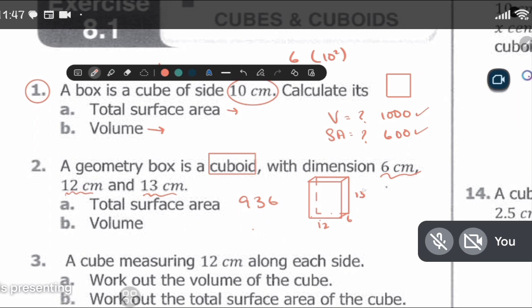So one face will have 13 by 6. One face will have 12 by 6. So you'll have 13 into 6 and 12 into 6, and we'll have two of these. And then you have one face which is 12 by 13. Now add these, multiply, and tell me quickly.